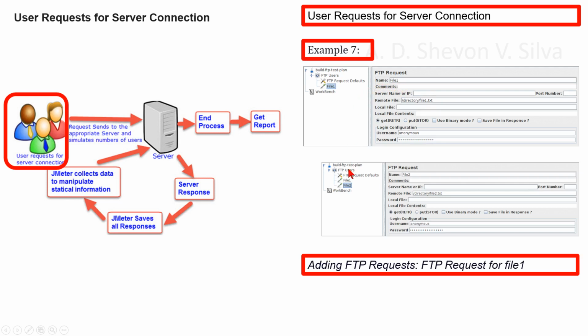In our test plan, we need to make 2 FTP requests. JMeter sends requests in the order that they appear in the tree. Start by adding the first FTP request to the FTP users element. Add, then sampler, then FTP request.